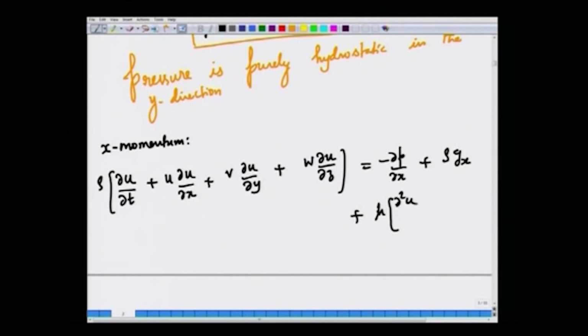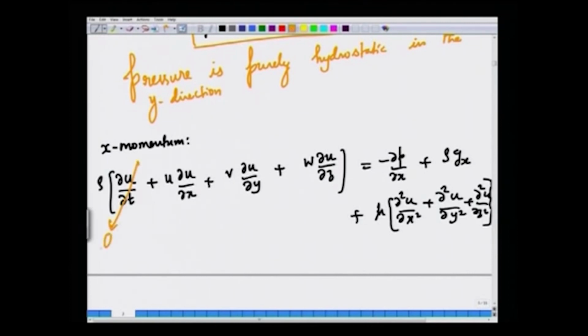Times the Laplacian of the x component of the velocity. Okay.